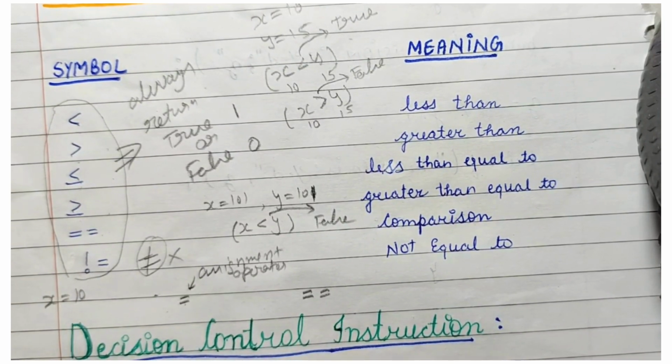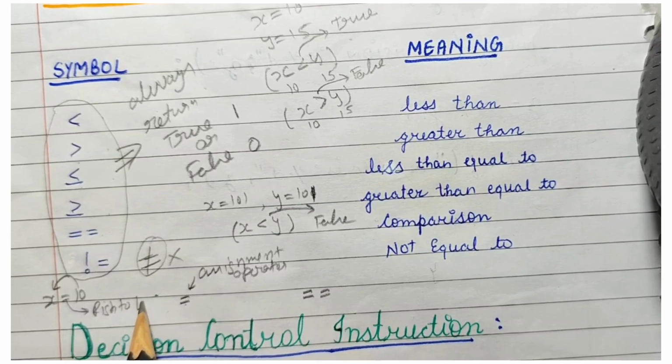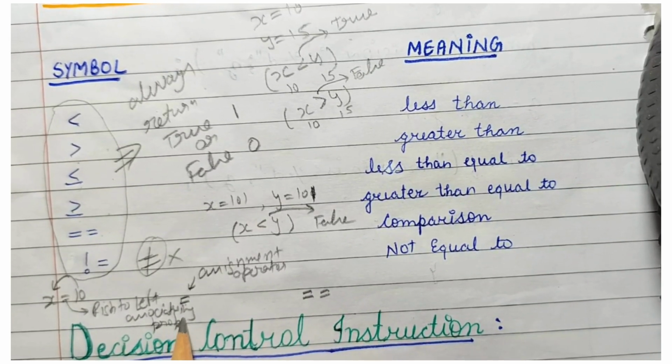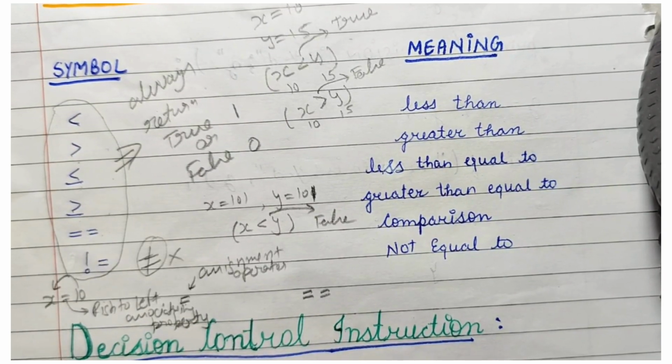Now what is the meaning of x is equal to 10? It means the value 10 goes to the x variable, because equal to has the right to left associativity property, which means the right value goes to the left variable.